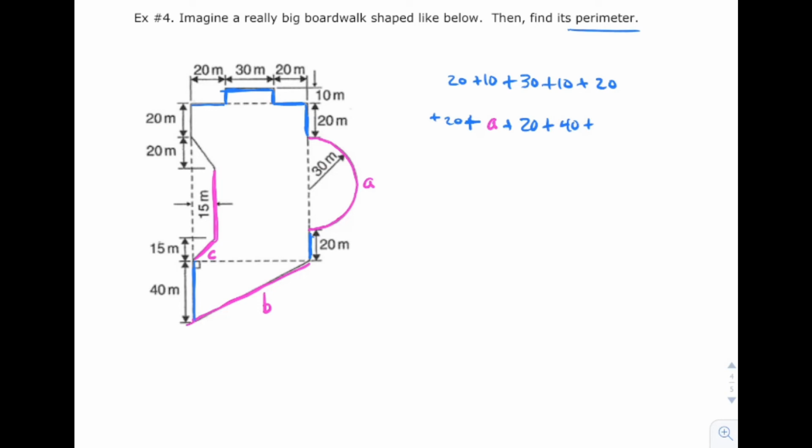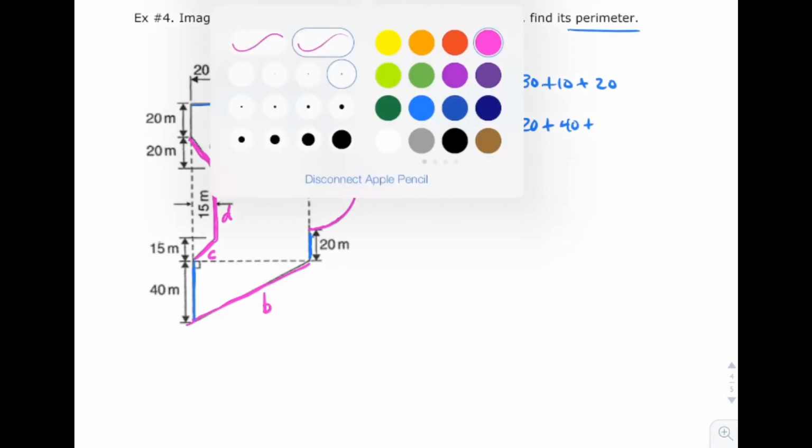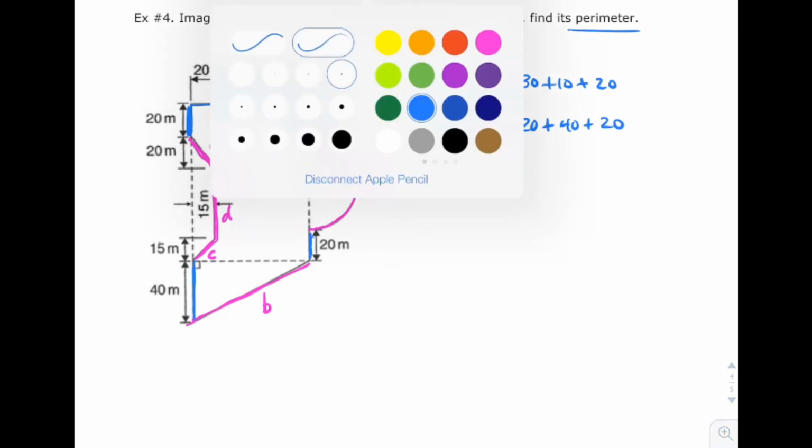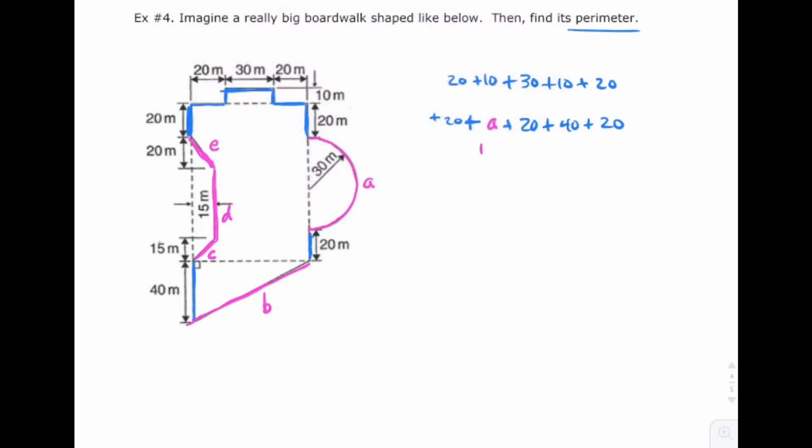So I'm going to call that D. And then here's another one of these triangle things we'll have to work with, so call that E. But then add 20 to get to there. Oh, and by the way, what I should have been doing is saying plus B plus C plus D plus E, right? So this is my answer for the total perimeter.